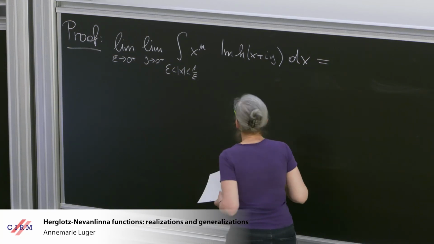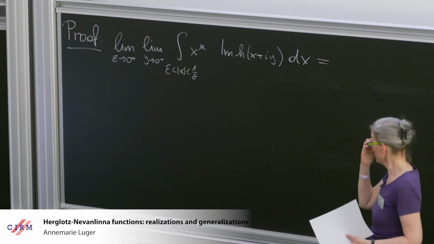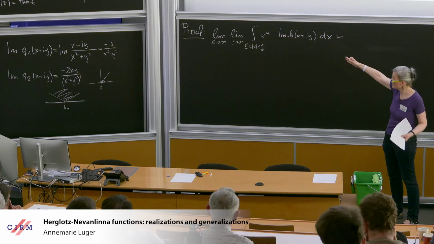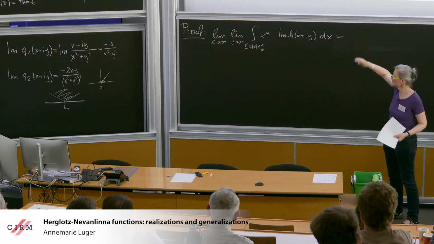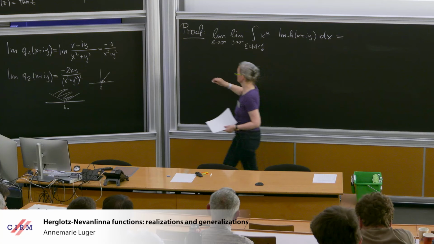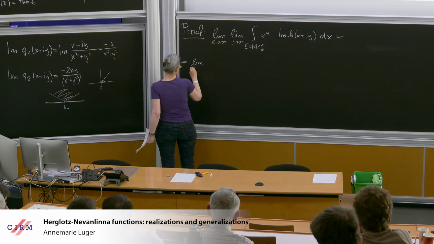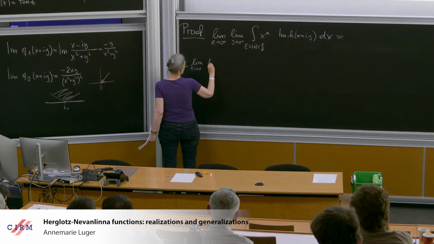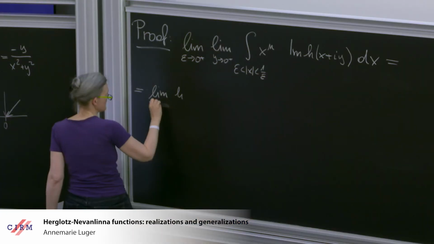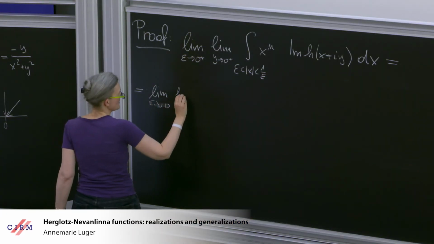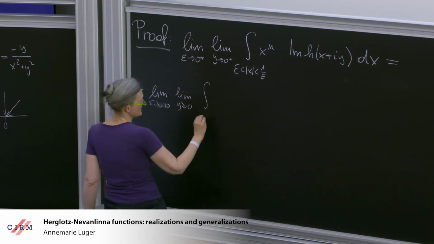Okay. So what we can do, of course, is first to substitute the imaginary part here, and this we do from the integral representation. So what we get here is that this is equal to the limit epsilon goes to 0, limit y goes to 0, this integral.